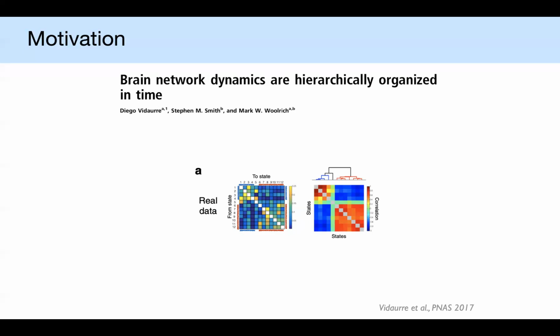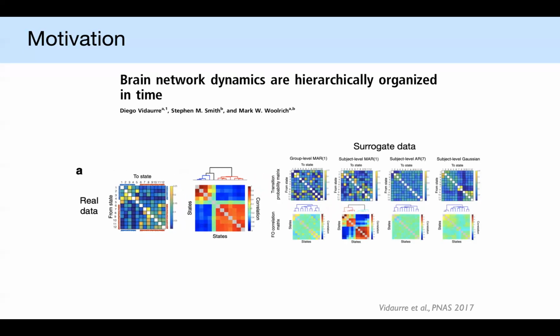So they show that these states are organized into two different metastates, and when they compare these to the null, this is what they find. They show that actually, depending on the null that you consider, you will reproduce or not this organization into two metastates. So here, the second null is the subject level multivariate autoregressive one that reproduces this metastate.